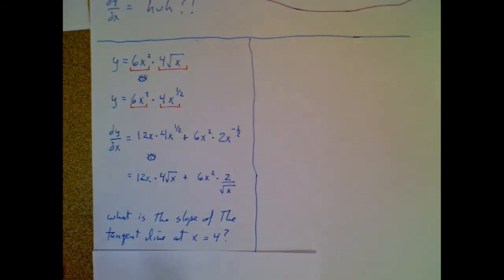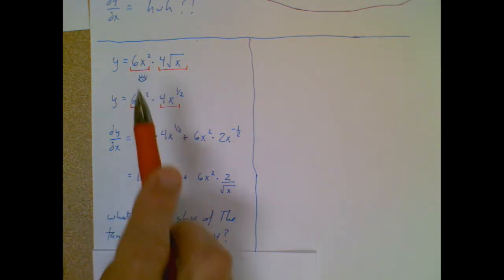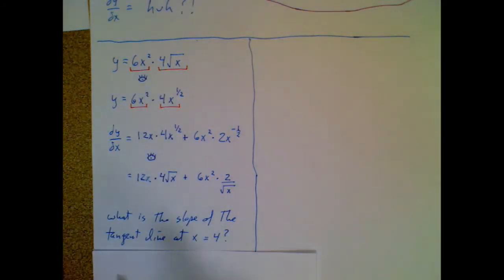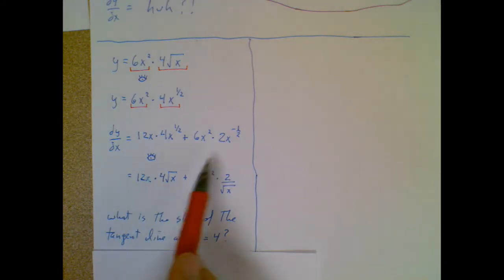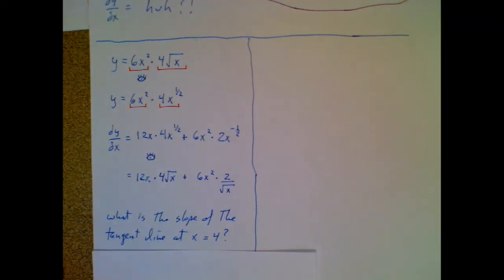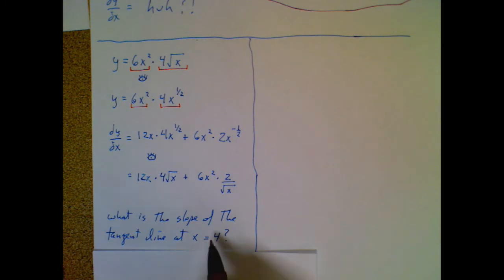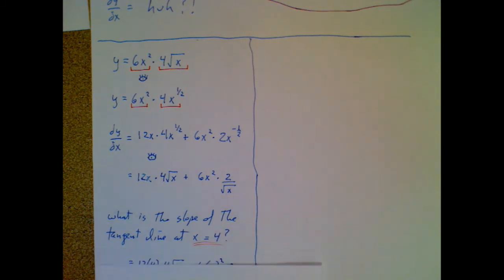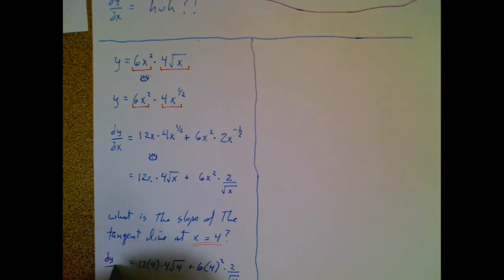Like, what if I was asked, what is the slope of the tangent line to this function y at x equals 4? Well, this being the derivative, or this being the derivative, is the formula for the slope at any point we care about. Apparently we care about the slope at x equals 4, so I have to be very careful with my symbolism. I have to say I'm now finding the derivative at x equals 4.